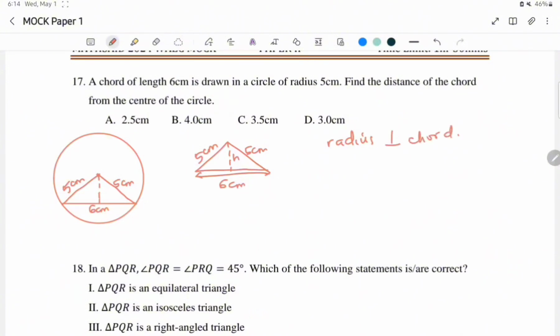That means the angle here is 90 degrees and the angle here is also 90 degrees. So we can bring out just a part of the triangle. This is 90 degrees. Then that means this is going to be 3 centimeters, since it is bisecting the chord, it is half of 6 centimeters. This is 5 centimeters and this is H.